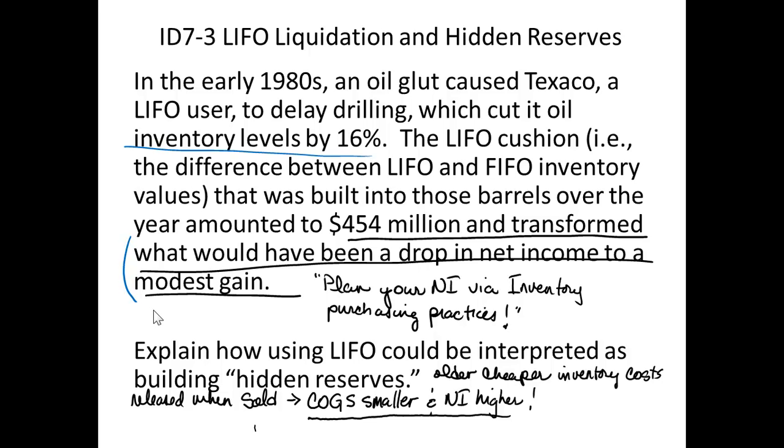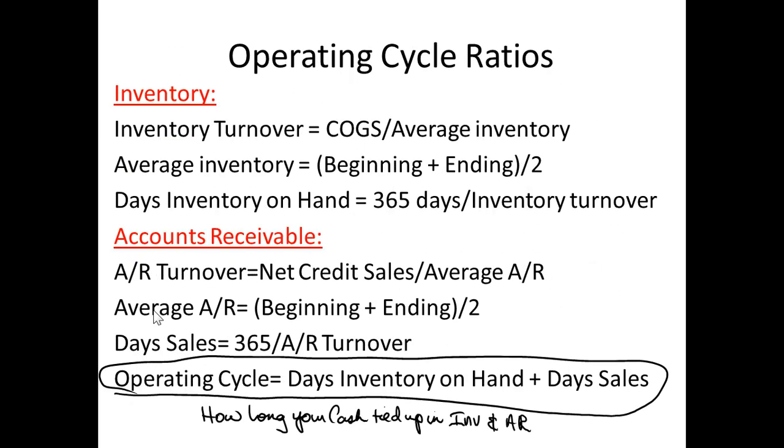So they were able to plan their net income via their inventory purchasing practices because they dipped into those older, cheaper LIFO layers, which released cheaper costs into cost of goods sold. Thus, they were able to move their net income higher than if they would have gone out and bought more inventory. So let's stop there.